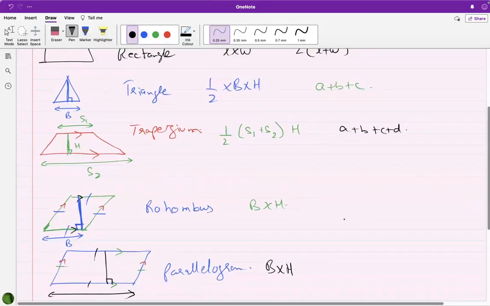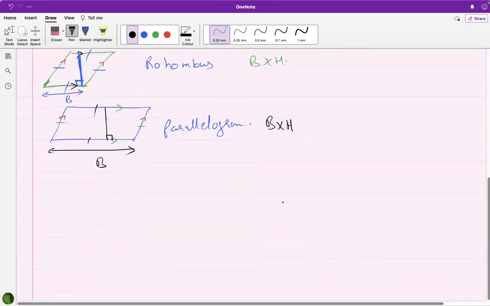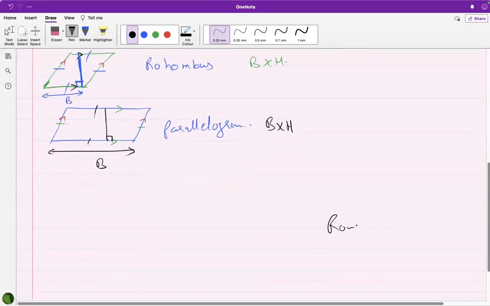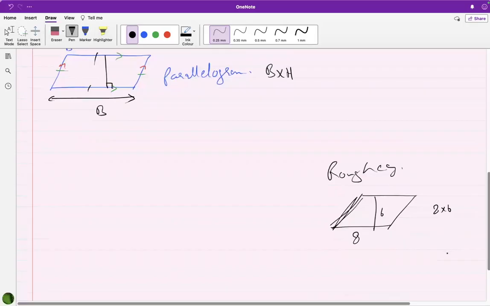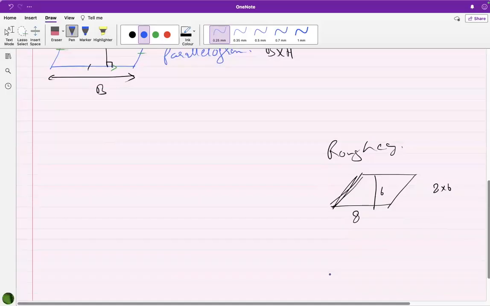On the other side, how do you know how much of a tilt it has? The dimensions would be given. For example, we are talking about this and let's say I'm given that this is 8 and this is 6. So area would be 8 into 6. I don't know what the tilt is, but when we keep covering the topics, there's one topic known as trigonometry.